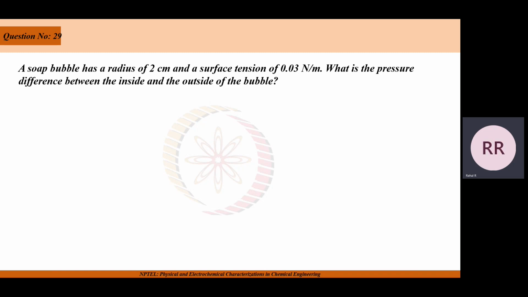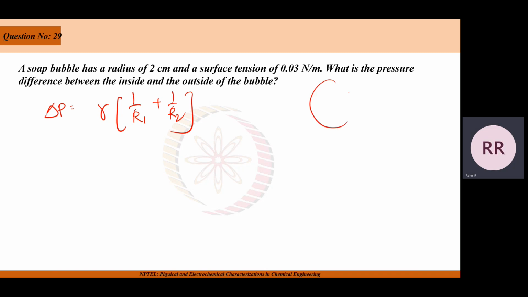We have discussed the formula already. The formula is nothing but delta P is equal to gamma into 1 by R1 plus 1 by R2.